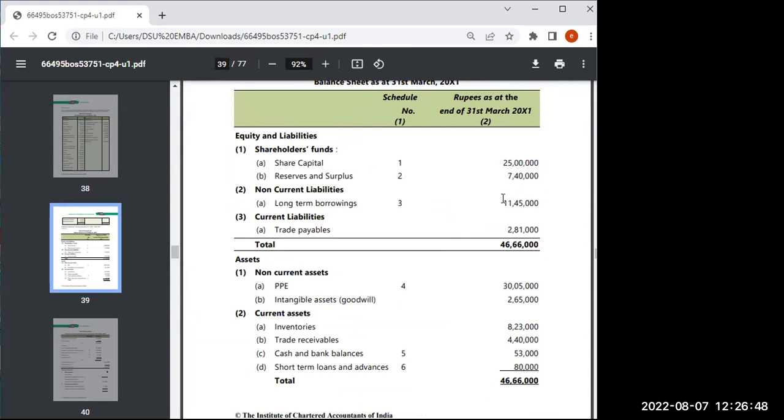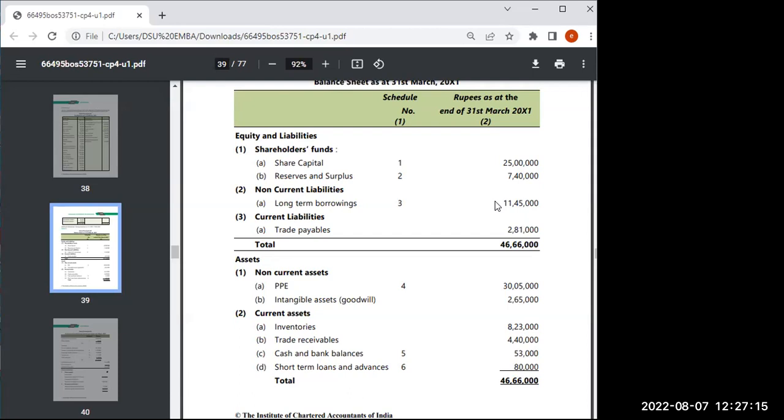Accounting equation, you remember the accounting equation. Now this company's accounting equation: equity how much? 3240. How 3240? 25 plus 7.4 plus liabilities. How much liability? 14,26,000. That is equal to total of assets.